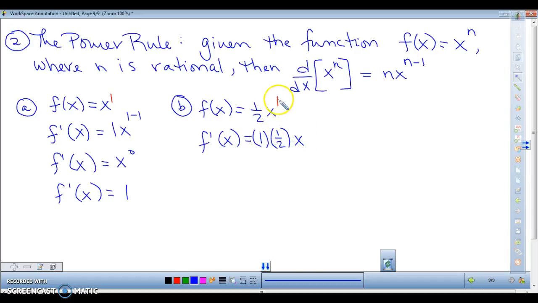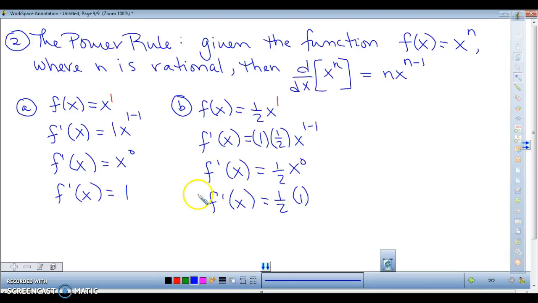Bring your x down. You would still decrease that power by 1. So what we get here is 1 times 1/2, which is 1/2, times x to the 0. And of course x to the 0 is 1. So your derivative is just 1/2.